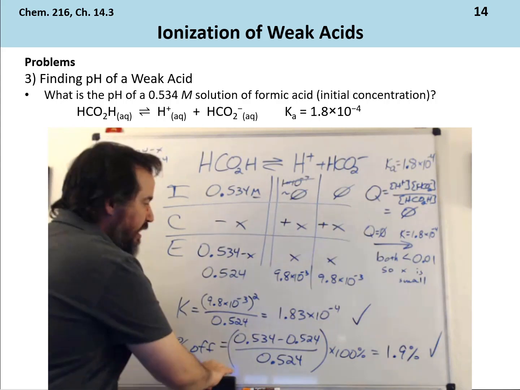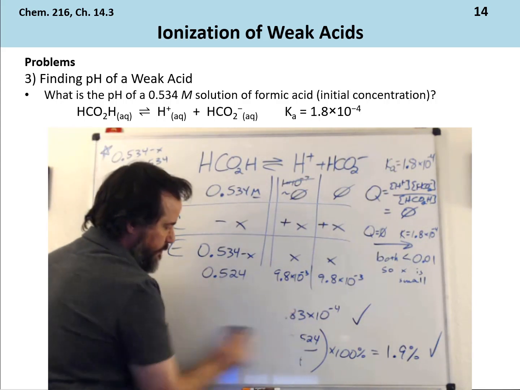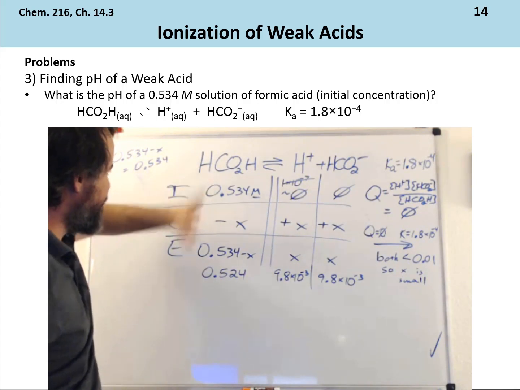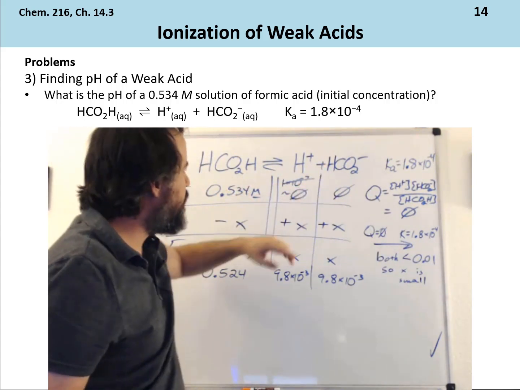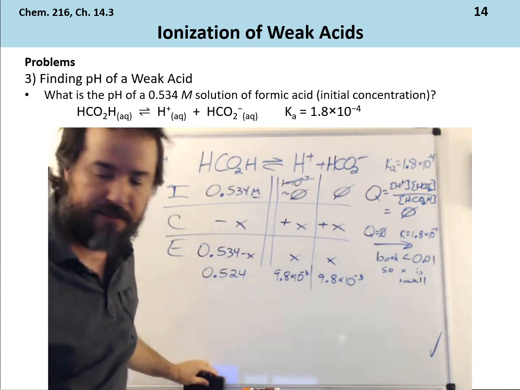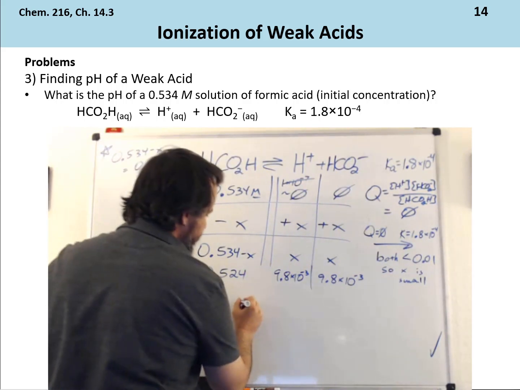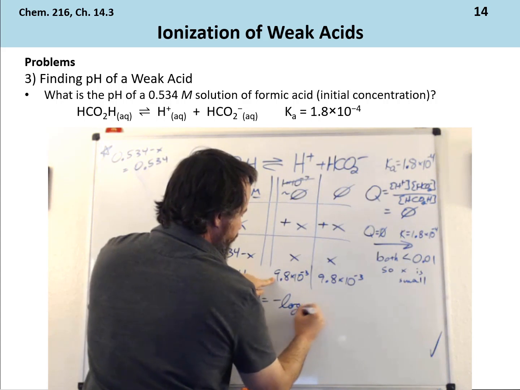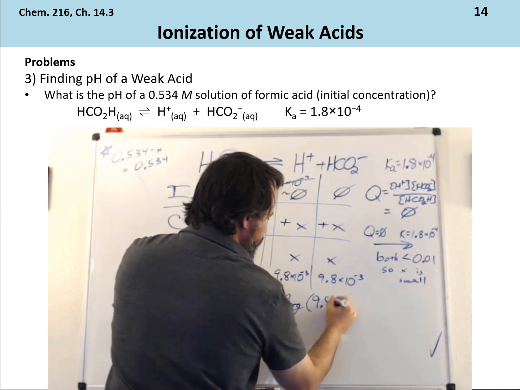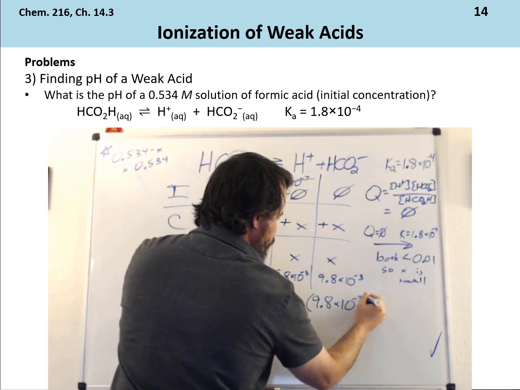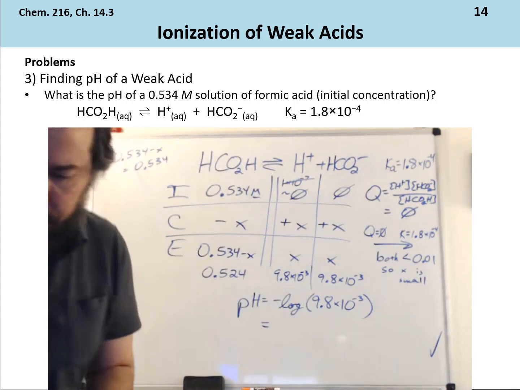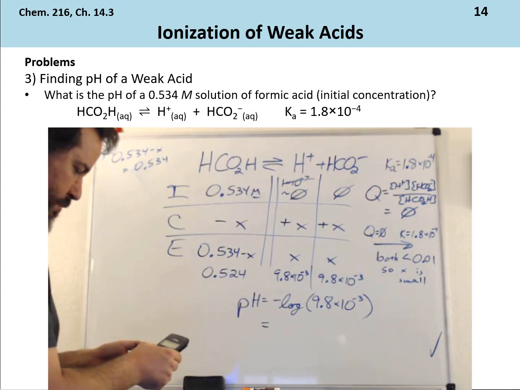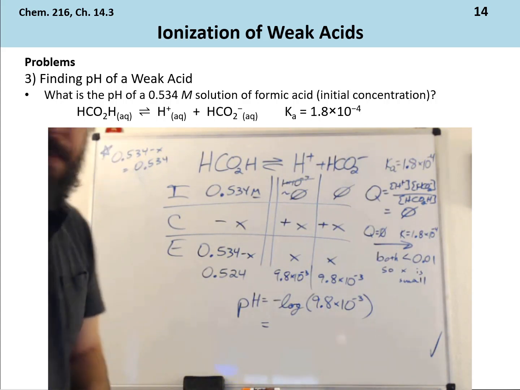If we're asking for the pH of this, I don't care about HCO2H. I don't care about HCO2 minus. I care about my H plus. So if I want to find the pH of this, I just do negative log of this value and I get 2.0.